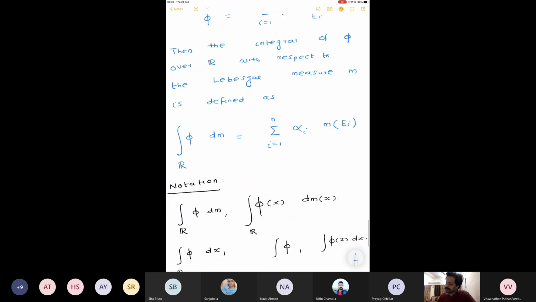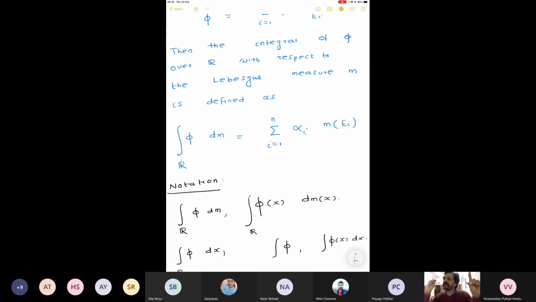Look at the expression. I have defined the integral over R of phi dm to be the summation, i equal to 1 to n, of alpha i times m of Ei. And you know that m of Ei could be infinity. The measure of a subset of R can be infinity. Do you agree? Yes, sir. So suppose for one i you have alpha i positive, and for one j you have alpha j negative, equal to minus alpha i.